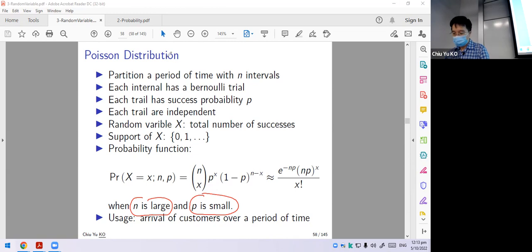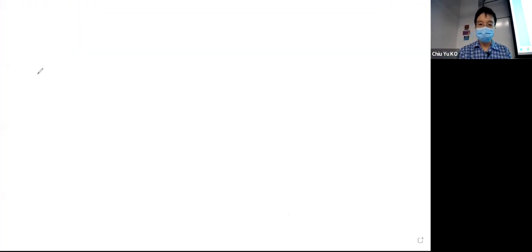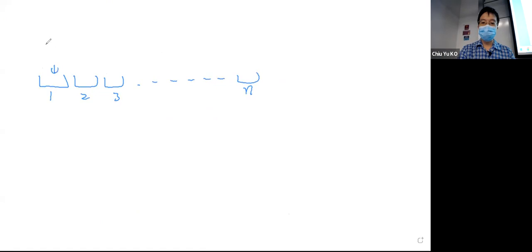Just to give you the idea, the binomial is the following. Suppose you have box 1, box 2, box 3, and so on, up to box n. Each outcome is either success or failure, with probabilities p and 1 minus p. There is a discrete, constant number of cases, like the number of customers there.